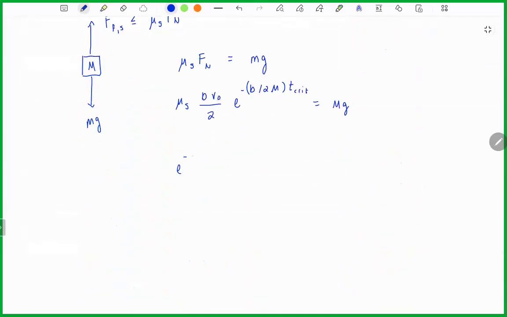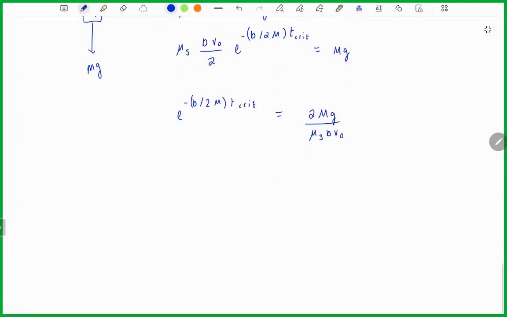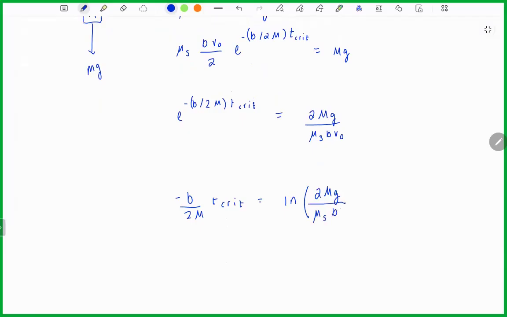So we have e to the minus b over 2m times t critical is equal to 2mg over mu s times b v naught. Take the natural log of both sides. And so we end up with b over 2m times t critical is equal to ln of 2mg over mu s times b v naught.